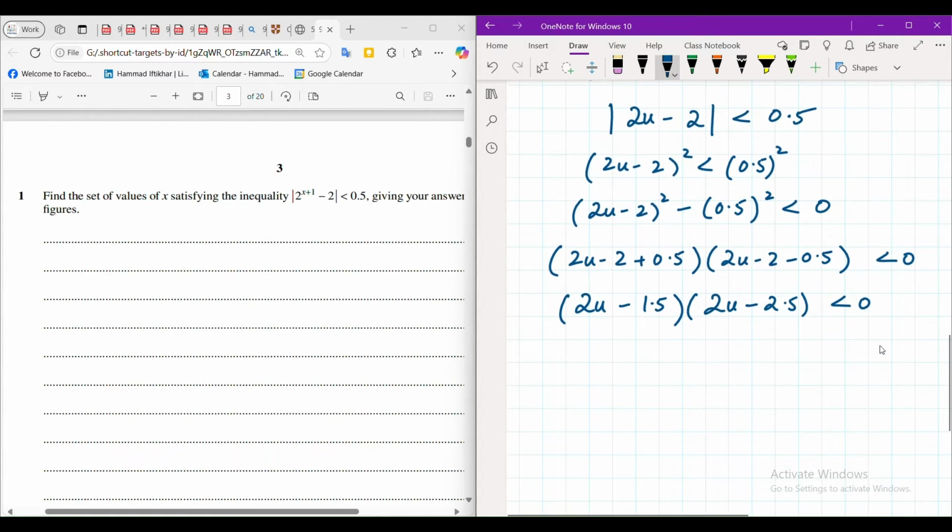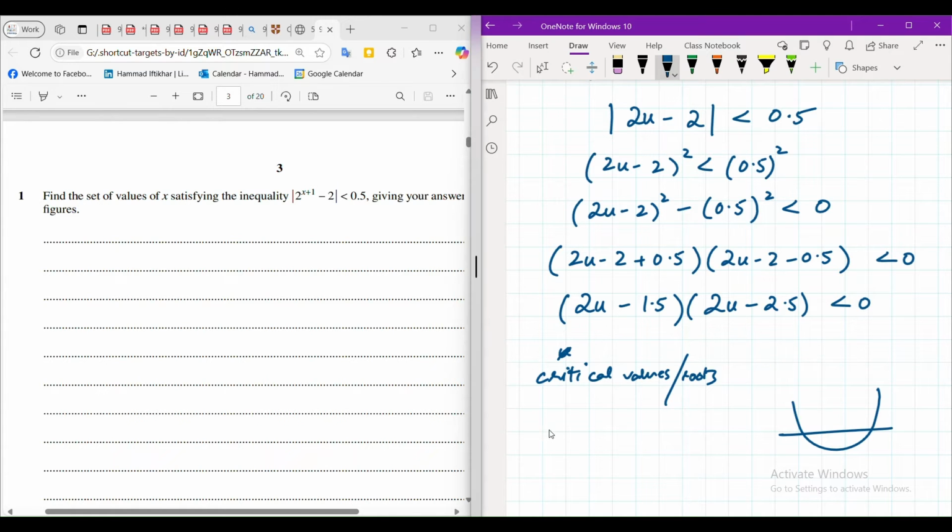Now, since this is a quadratic less than 0, let's say the critical values or roots appear to be u is 1.5 over 2, which is 3 over 2 times 1 over 2, which is 3 over 4.